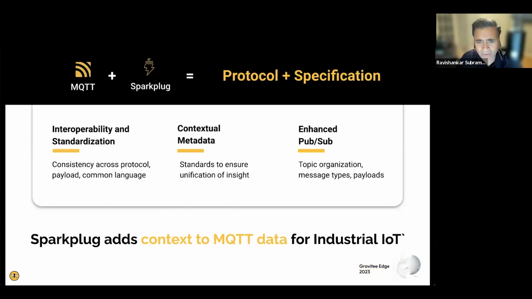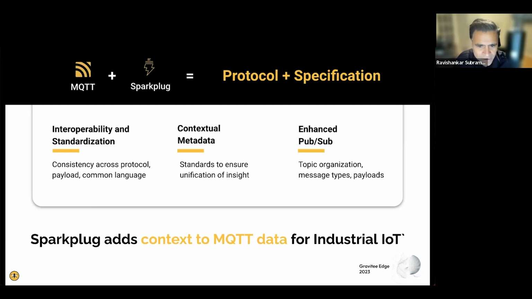Now, there is another thing called Sparkplug, specifically in manufacturing, because MQTT doesn't really clearly define the topic name structure, or where the data is coming from, the context behind the data, which is absolutely important in the world of manufacturing. Sparkplug actually is a data framework on top of MQTT that is defining these things.